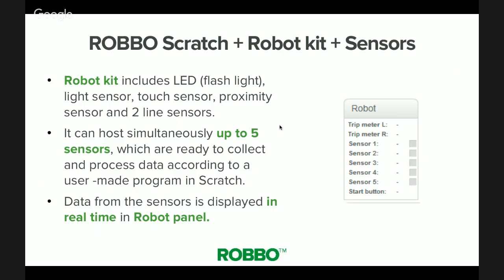Then RoboKit and sensors. That is where the fun begins. The robot has in the package, as I already told you, an LED, a flashlight, a light sensor, a touch sensor, a proximity sensor, and 5 line sensors.